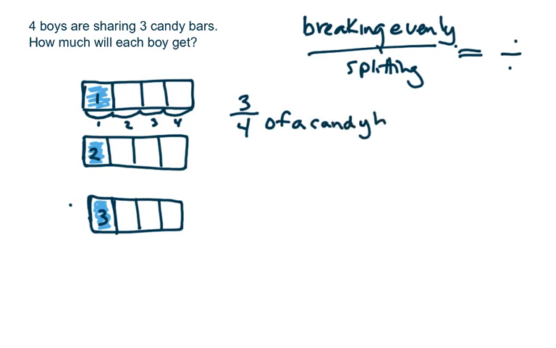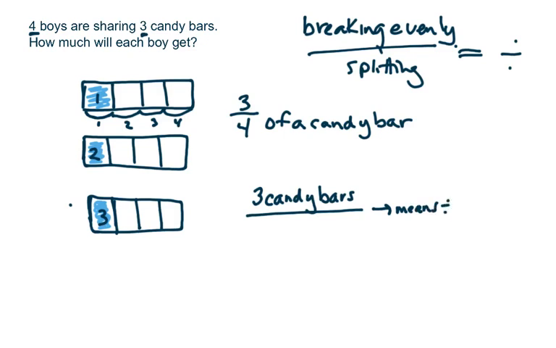Now you may notice on this one that those numbers 3 and 4 come straight out of our problem. They do in this case. What we are sharing is on top. So we're sharing 3 candy bars. And we're dividing, that's right, I said dividing, because that fraction bar means division.